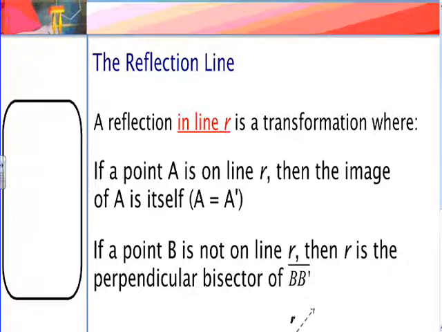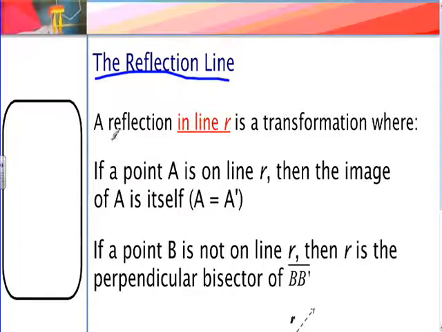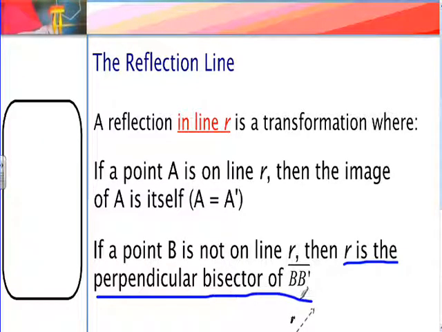All right, so one of the things that we have to have for a reflection is the reflection line. And this is a part where we have to be careful about how we say things. What we say out loud is that a reflection in line R is a transformation where if a point A is on the line R, then the image of A is exactly equal to itself. In other words, A is equal to A prime. If a point B is not on line R, then R, that's the line, is the perpendicular bisector of the segment B, B prime.